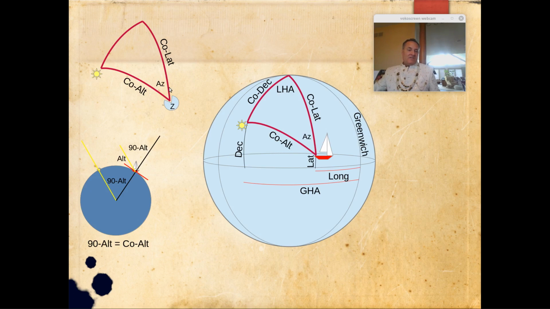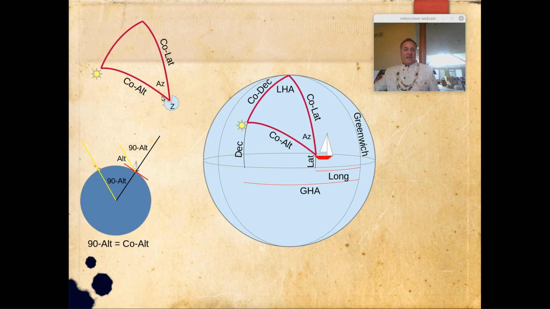And as you see here, the zenith is defined by starting at the boat's location from north. That's this colatitude line. We're going to wrap around through the east, through the south to the west until we reach the coaltitude line. So it's from colatitude through the east to the coaltitude.